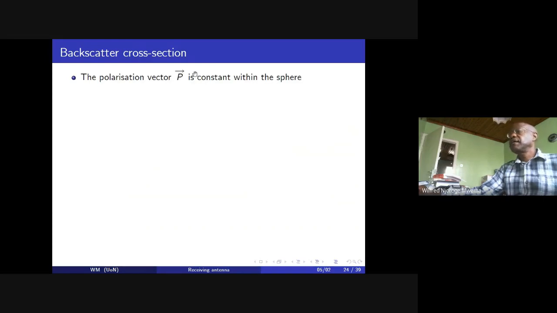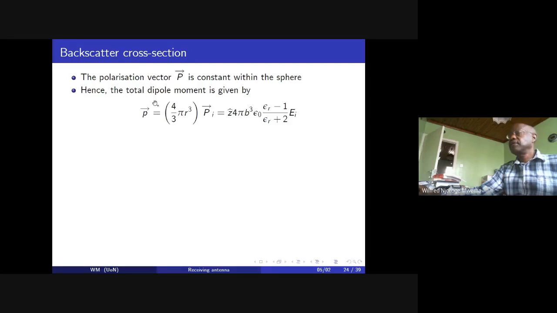So the polarization vector P is a constant within the sphere, and therefore we can write that the total dipole moment is going to be given by P equal to 4 by 3 pi r cubed multiplied by P. Remember, P is a polarization vector, or the dipole moment density, or the number of dipole moments per unit volume. And therefore, to get the dipole moments, we multiply P by the actual value of the volume of the sphere that we are dealing with, and we get a value of that nature.